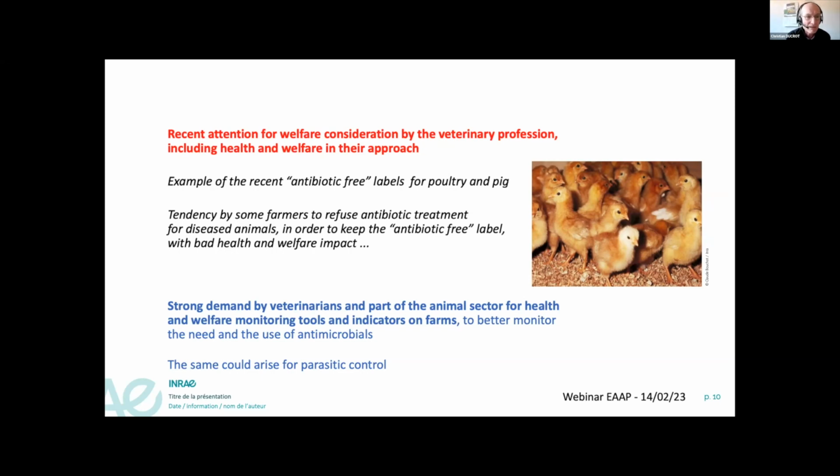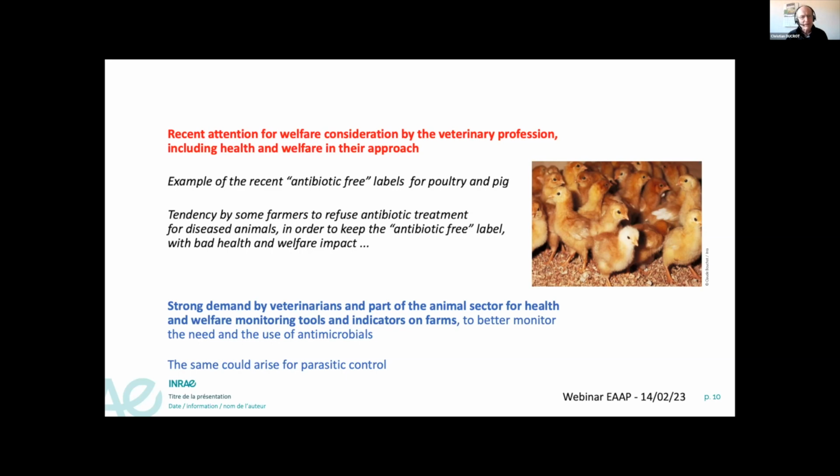There is a tendency by some farmers to refuse any antibiotic treatment, even for diseased animals, in order to keep the antibiotic-free label and a better price. And this, of course, has a very bad health and welfare impact on the animals.